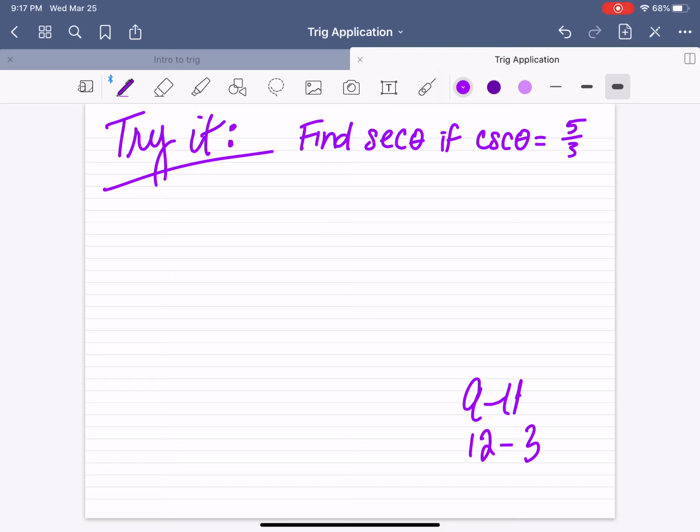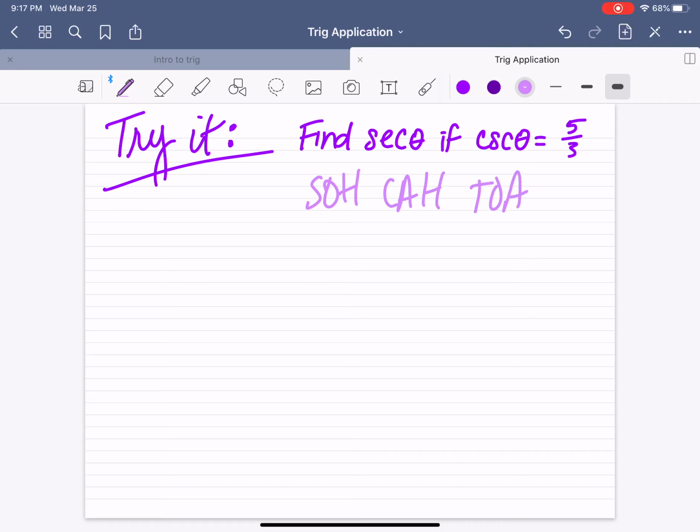But go ahead and try this problem, pause the video, and come back to see if you got the correct answer. So I'm asking you to find secant of theta if the cosecant of theta is 5 over 3. So I'm going to write down SOHCAHTOA. And you have to memorize that cosecant is the reciprocal of sine.